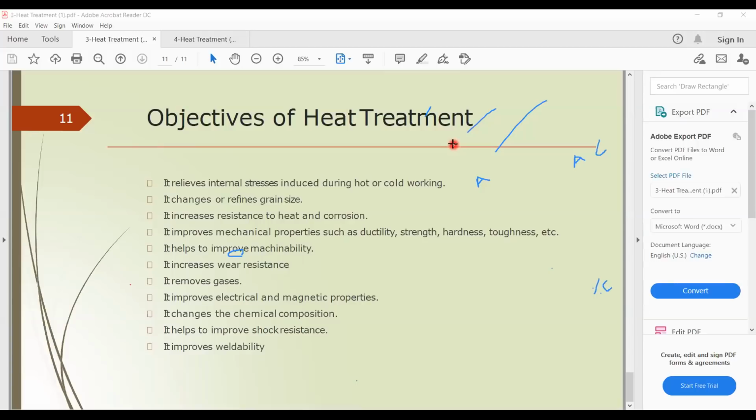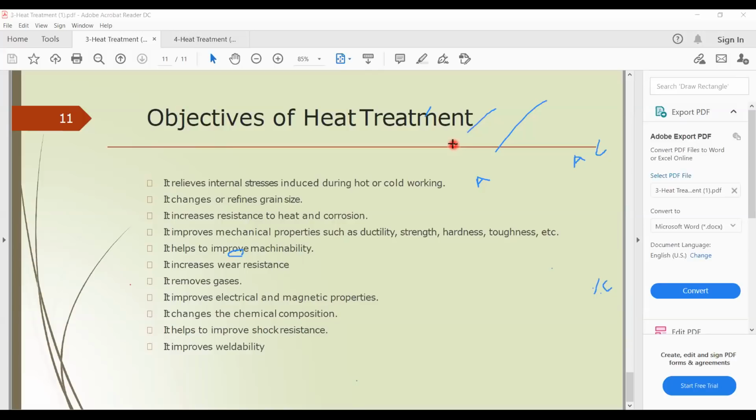These are the physical properties. But the main objective is to change the physical properties of that particular metal. So you have to remember that, and you have to remember what the physical properties of that metal are.